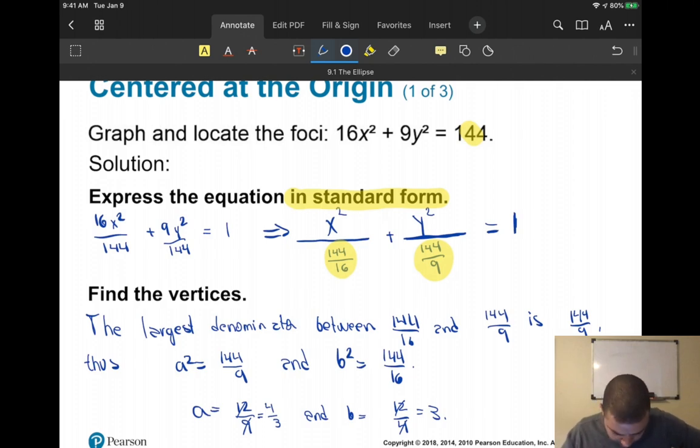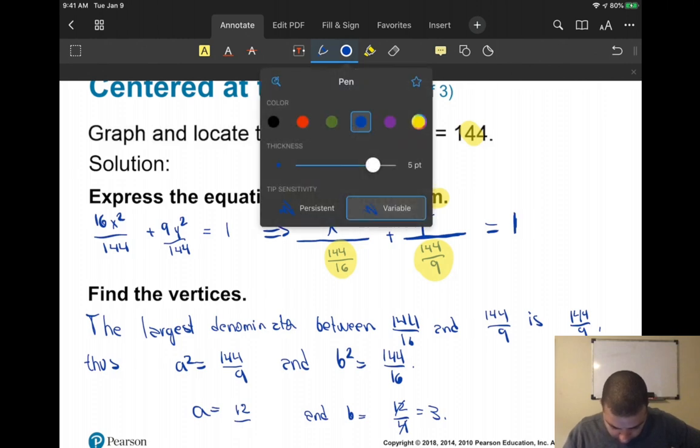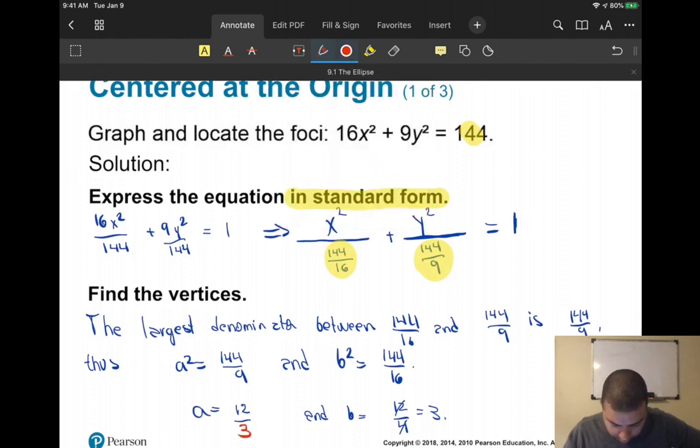Oh, yeah, excuse me. It's 12/3. Correct that for a second. That's 12/3, right? Taking the square root of both sides. And then that will be 4. Okay, 4 and 3. A is 4, B is 3.